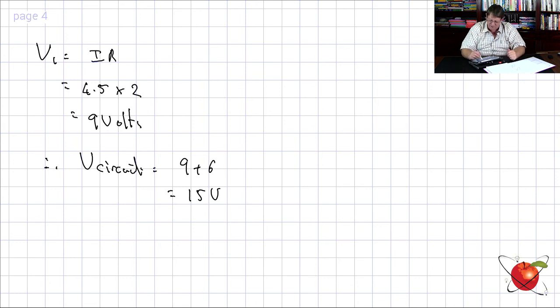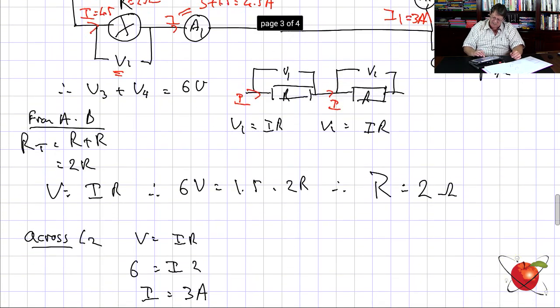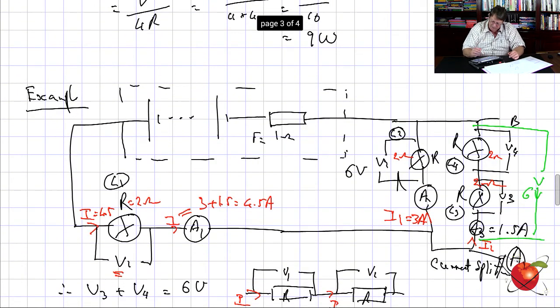The last thing I have to do, because they've asked us to calculate the EMF of this circuit, is I say, right, I've got everything else. All I now need to do is go back, and here's where it's treated exactly the same. We're now going to look over here. Now remember, the current is coming through here. I here is equal to 4.5 amps. R, the internal resistance of the battery, which is what causes it to get hot, is 1 ohm. So what is the voltage across here?